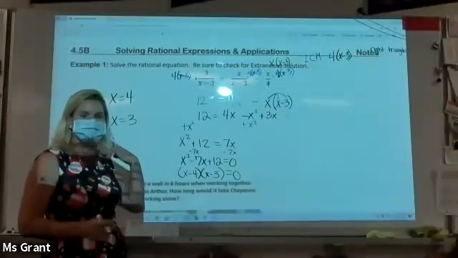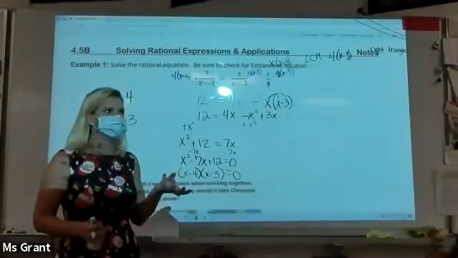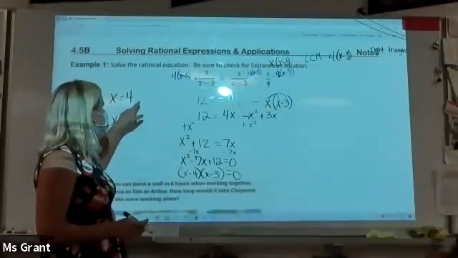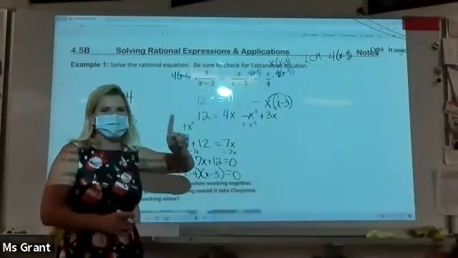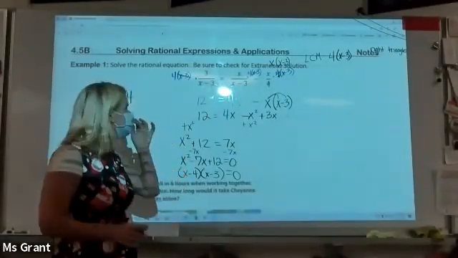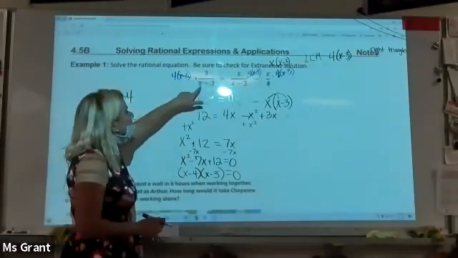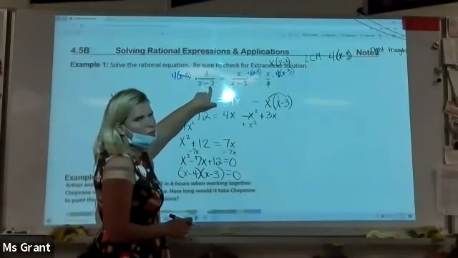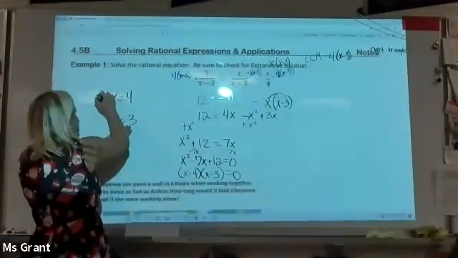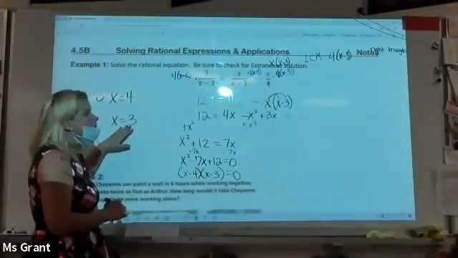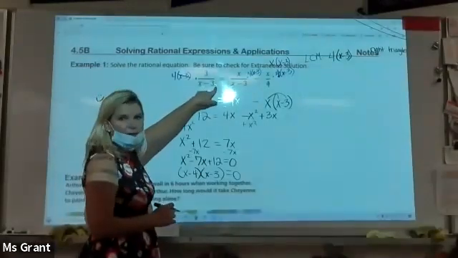I'm going to check for extraneous solutions. So I need to see, do any of these numbers, when I put it back in my original denominator, make it 0? I don't want it to make 0. 0 is bad, right? So 4 minus 3, that makes 1. That's fine. Okay, so I like this answer. 3 minus 3, 0.